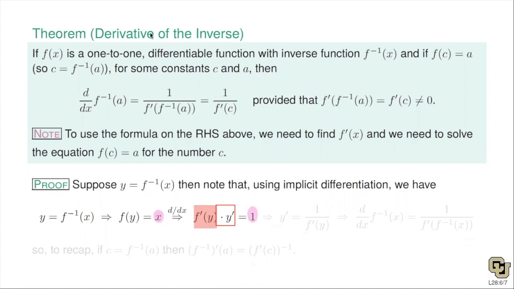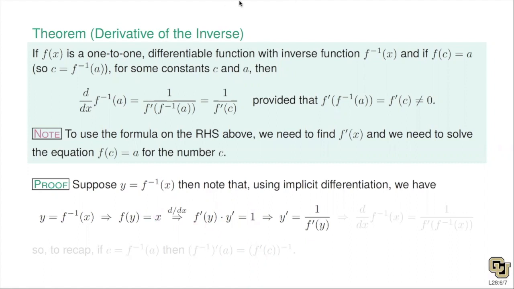Now be careful. Remember that y equals f inverse of x. So y prime is actually what we're looking for. Y prime is exactly the derivative of f inverse right here. So let me isolate the y prime. So I get y prime equals 1 over f prime of y.